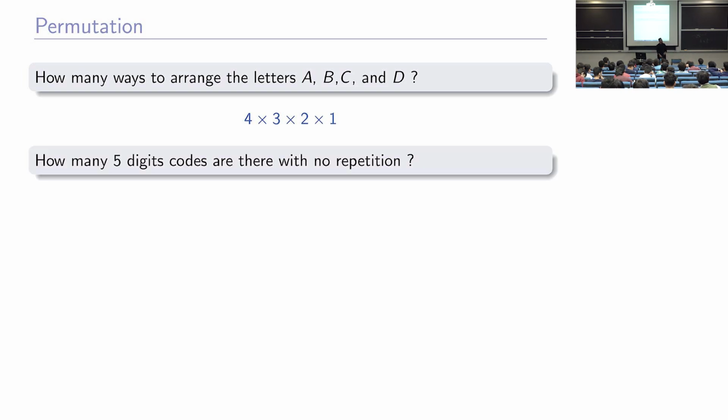How many 5-digit codes can there be with no repetition? 10 times 9 times 8 times 7 times 6. So 5 boxes, the first one can have 10 options, the second one has 9 options for each one of those, the third one has 8 options, and so on. Okay, how many ways can you arrange n letters?